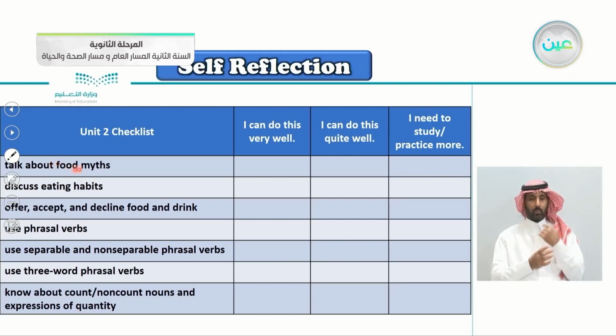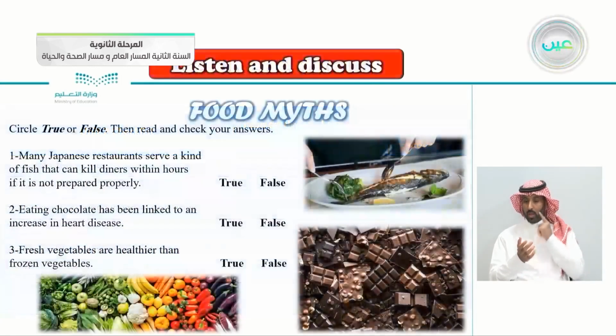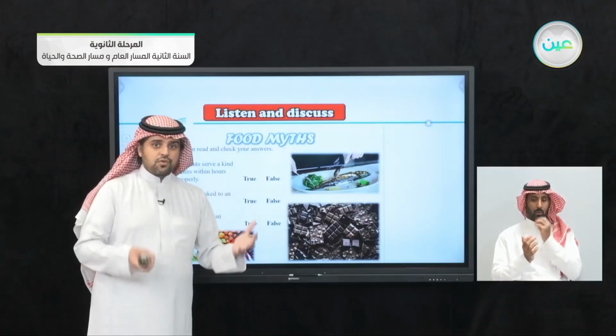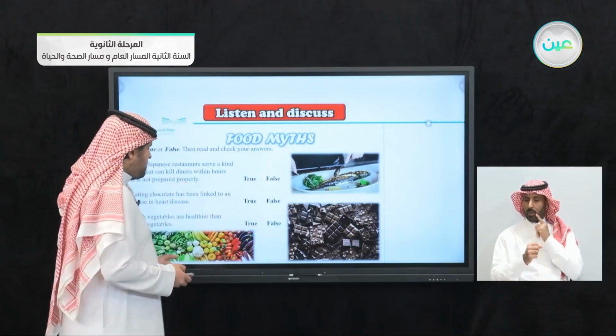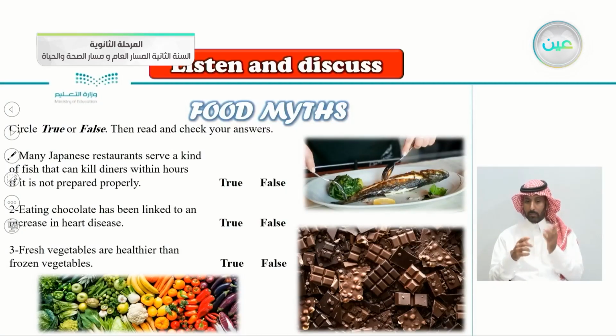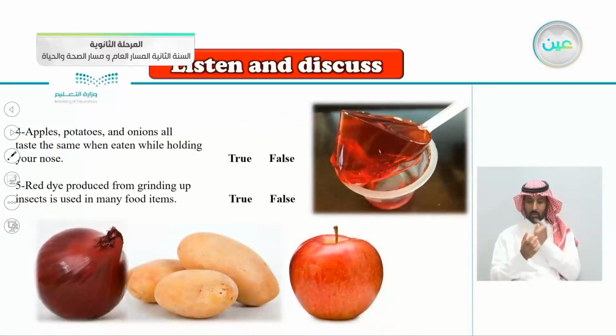Talk about food myths. If you remember the first lesson, we talked about some myths about food, like the fish in Japan and the chocolate and the frozen and the fresh vegetables and so on, and how apples, potatoes, and onions all taste the same when eaten while holding your nose.